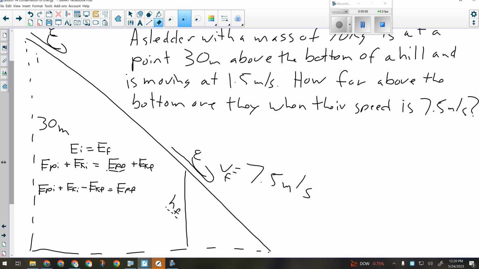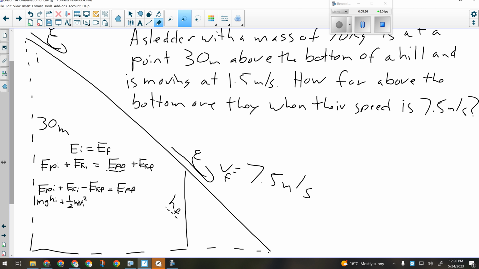At this point, I want to put in all the formulas. So the formula for potential energy is M times G times H. And in this case, it'll be the initial height, so H and I, right? Plus 1/2 mv squared.